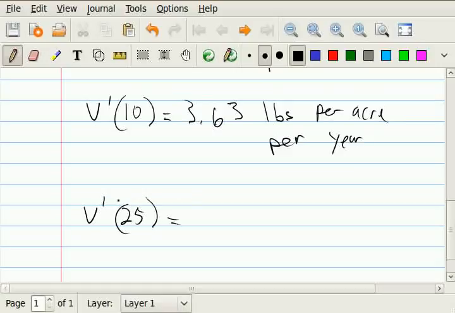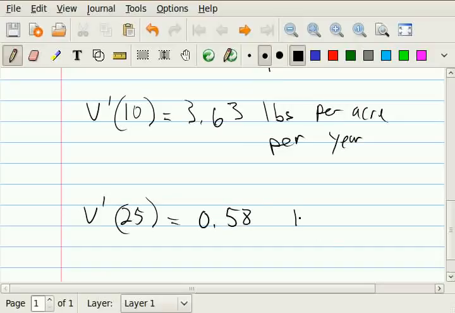And if I go ahead and do 25, well, then it's kind of what you'd expect. Most fruit trees, for example, are pretty much at their maximum size after 15-20 years, so it's not growing too much here. It's about 0.58.